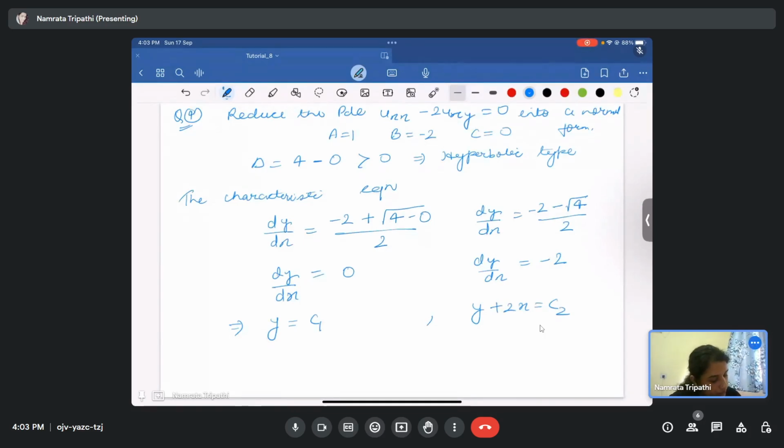Now choose the transformation. What transformation can we choose from here? Xi and eta will be functions of x and y itself, and the Jacobian of xi and eta should not be equal to 0. So tell me the transformation.